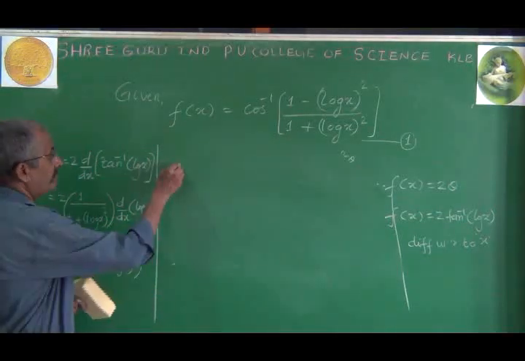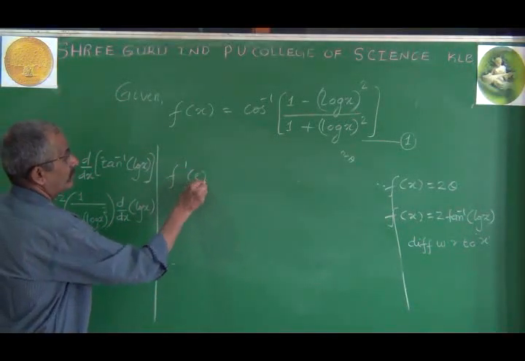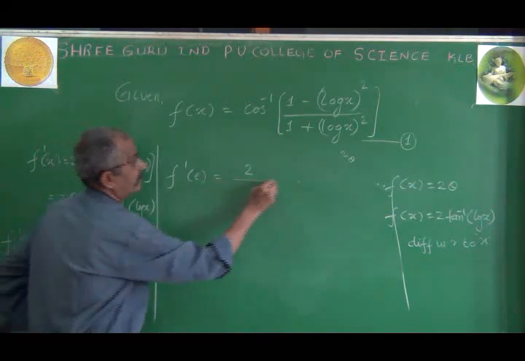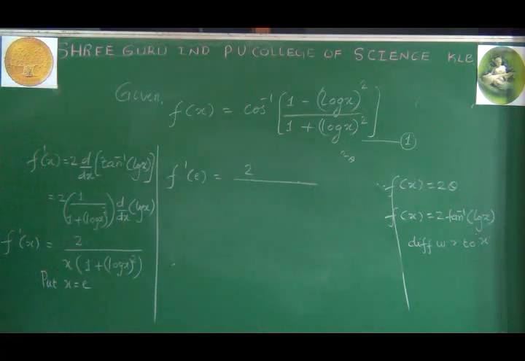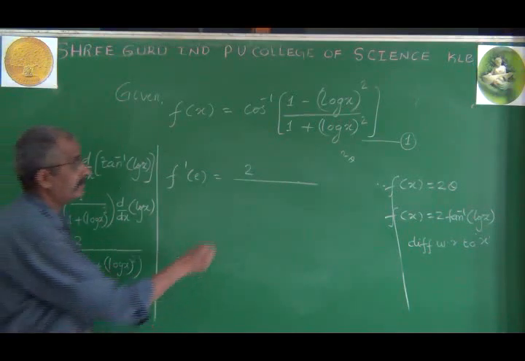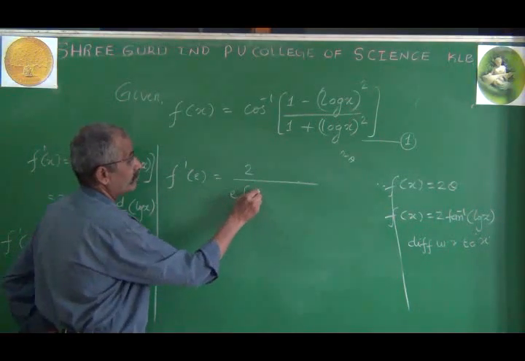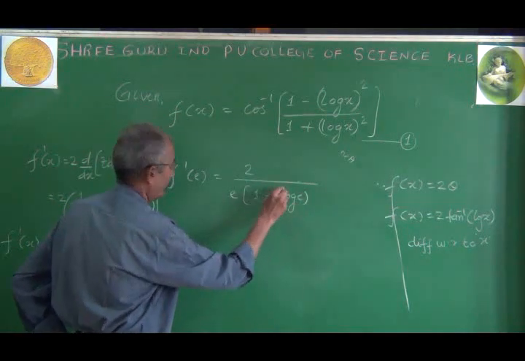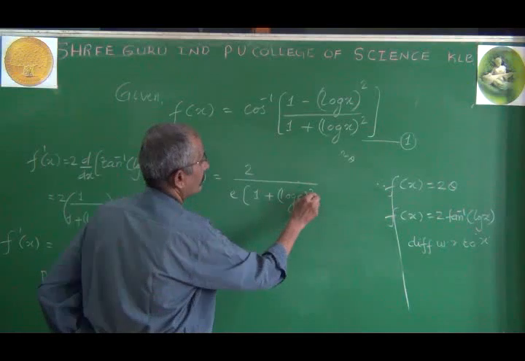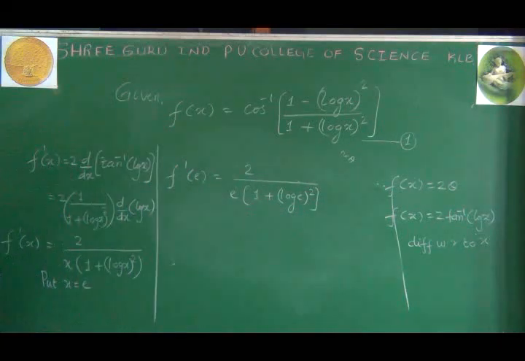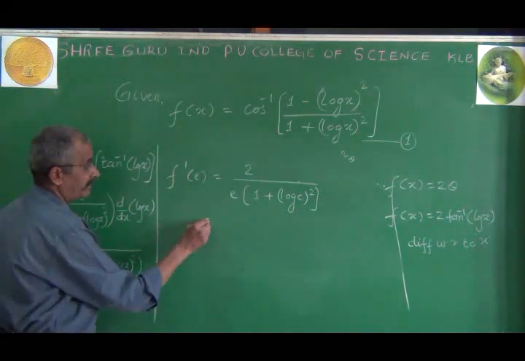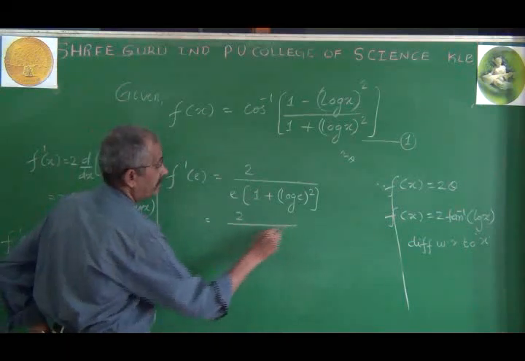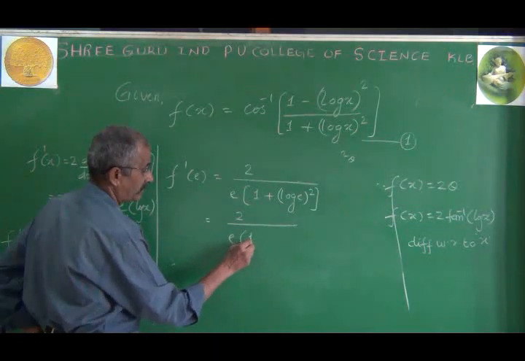F dash of e will be equal to, on the right hand side, 2 divided by, wherever x is there, we have replaced it by e, into bracket 1 plus log e whole square. Further, on simplification, 2 divided by e into bracket 1 plus log e whole square.